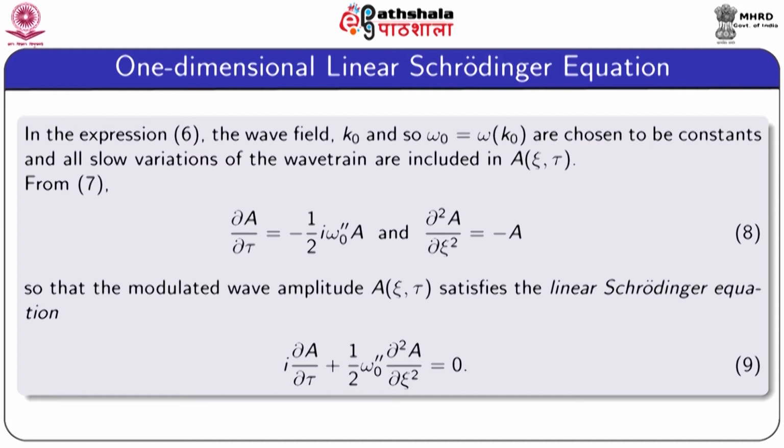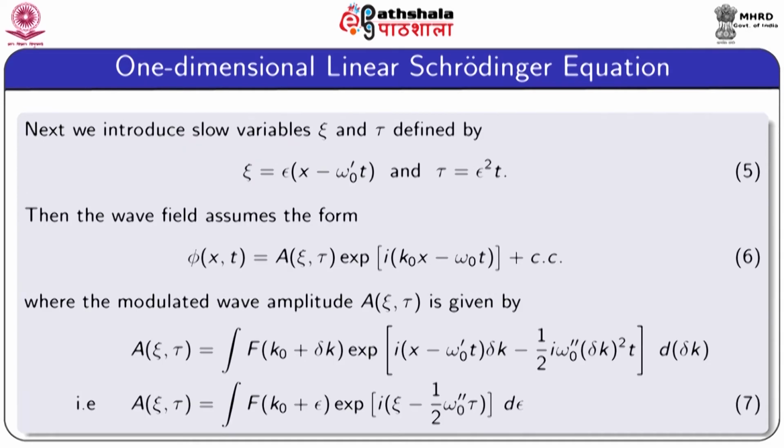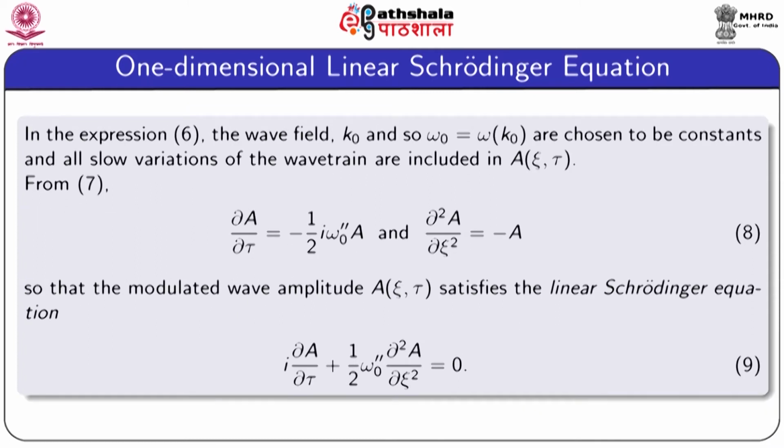Now we compute del A del tau, the variation of A with respect to the slow variable tau, which can be computed from the expression of A given in equation number 7. So, from 7 we can easily find del A del tau equals minus half i omega 0 double dash A and del 2A del xi square equals minus A.